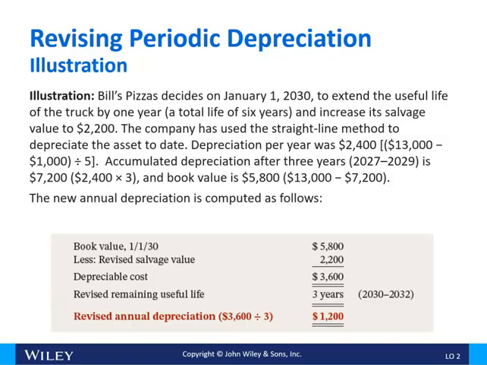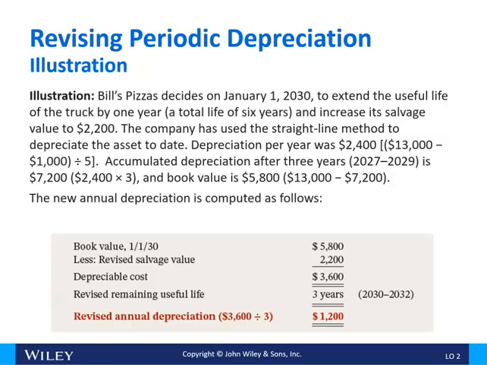Accumulated depreciation after 3 years, so 2027, 2028, and 2029, is $7,200, which is the $2,400 times 3. So the book value is $5,800. The new annual depreciation is we're going to take the book value less the revised salvage value, so $2,200 in this case.